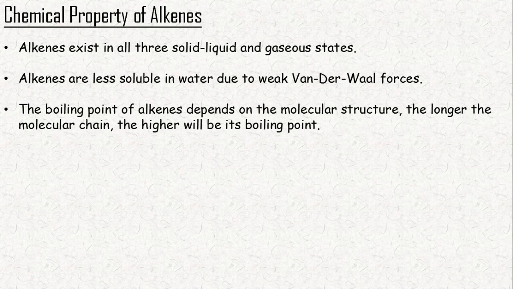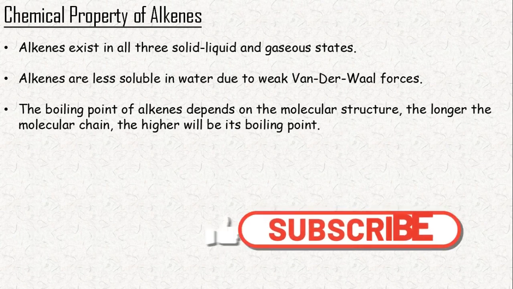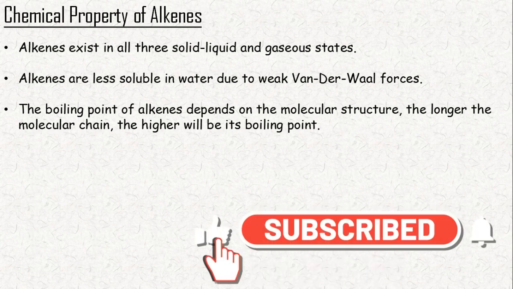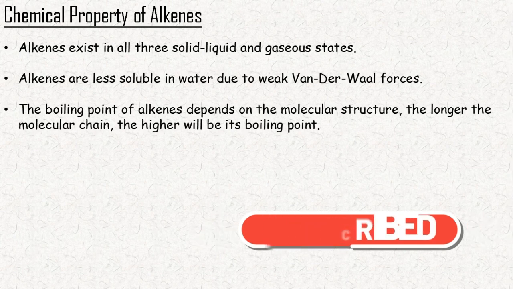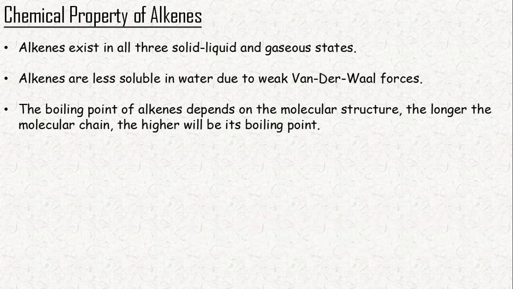Next, chemical properties of alkenes. Alkenes exist in all three states: solid, liquid and gas. The first three are gas, the next 14 are liquid, and the remaining are solid. These are less soluble in water due to van der Waals forces. You will learn about van der Waals forces in physics when the chapter comes.